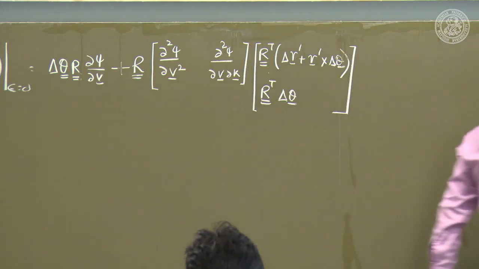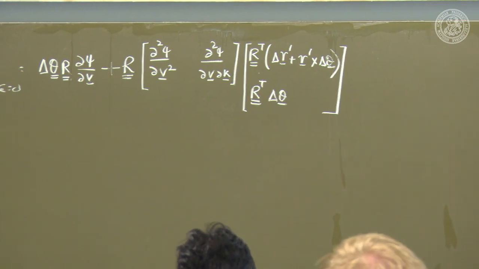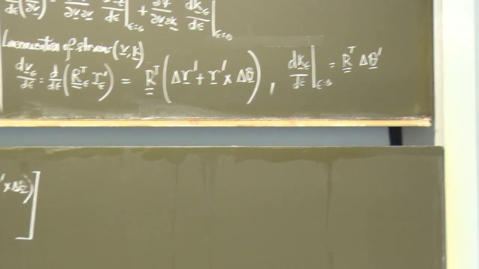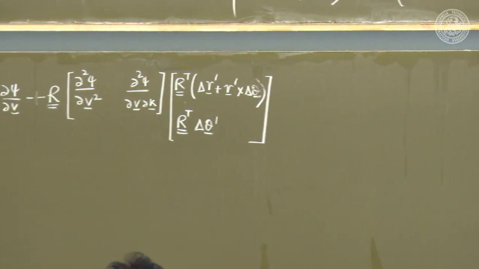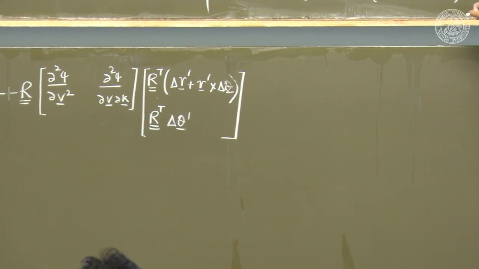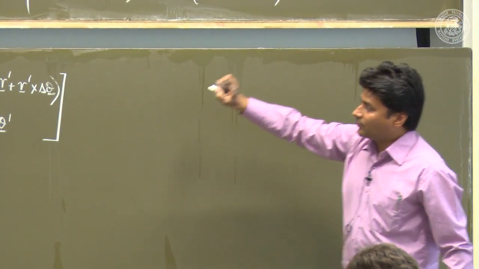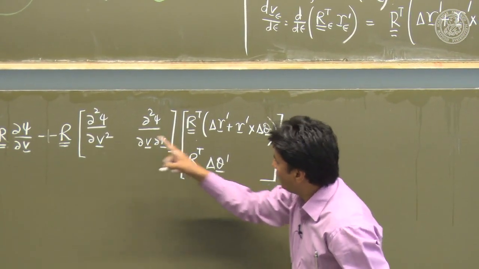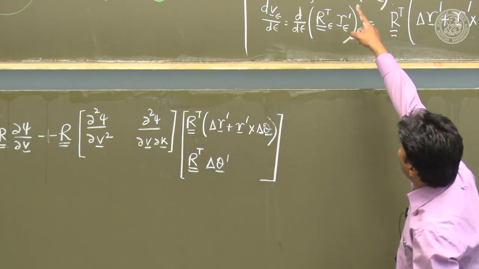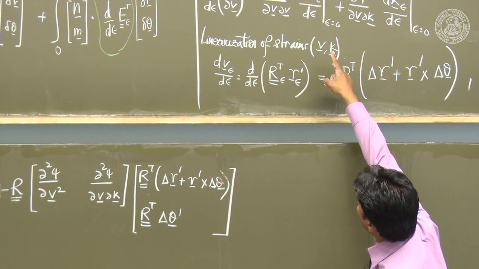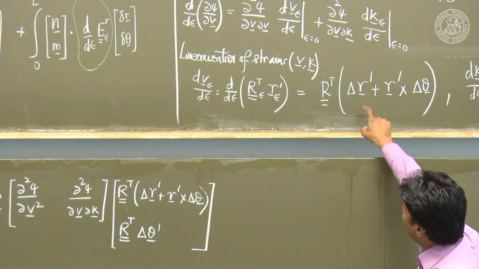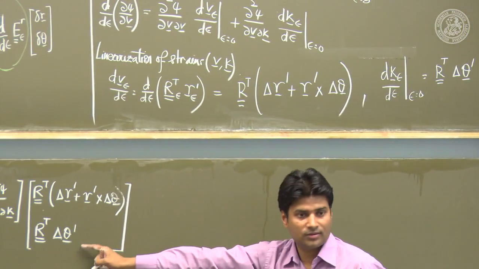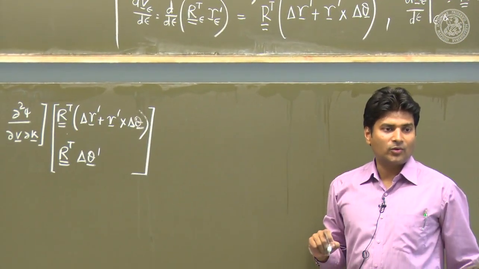Okay, I have missed out this prime here. This should be a prime. So, that is a prime over here. Can you see that? This is what it is. So, you multiply this times this. So, del 2 psi over del v 2 into this thing, because you have del 2 psi over del v 2 into dv by d epsilon, which is this number. So this number I have put over here, and this number I just put it over here.